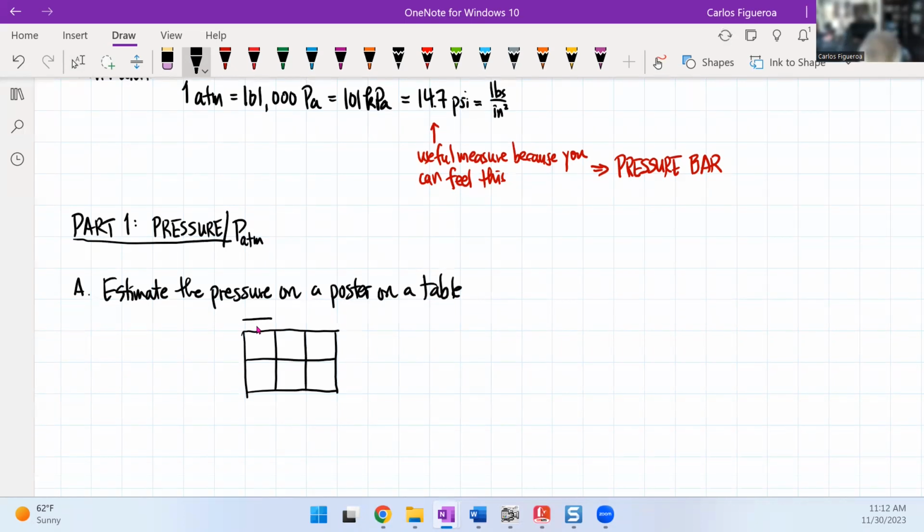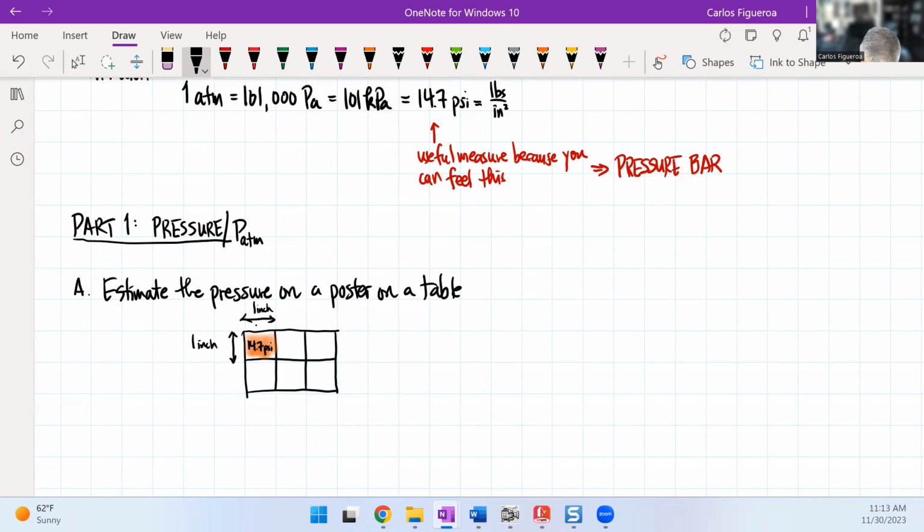So in other words, from here to here, this is 1 inch. And then from here to here, this is 1 inch. Then you know for a fact that this square right here has to have a pressure of 14.7 psi. So if I add up the squares, I can estimate what that pressure is.